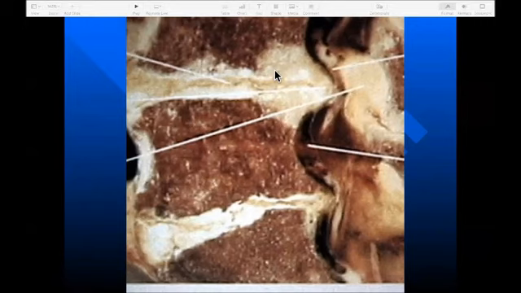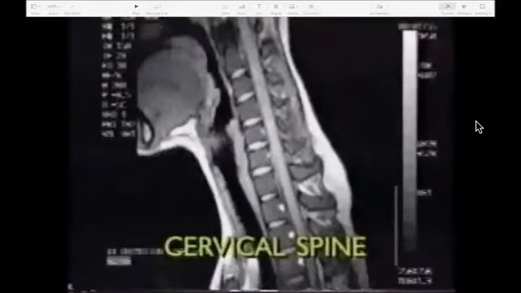And you can see how the distribution of this yellow degenerative material varies from level to level depending on the various forces that are brought to bear as a result of abnormal biomechanics.